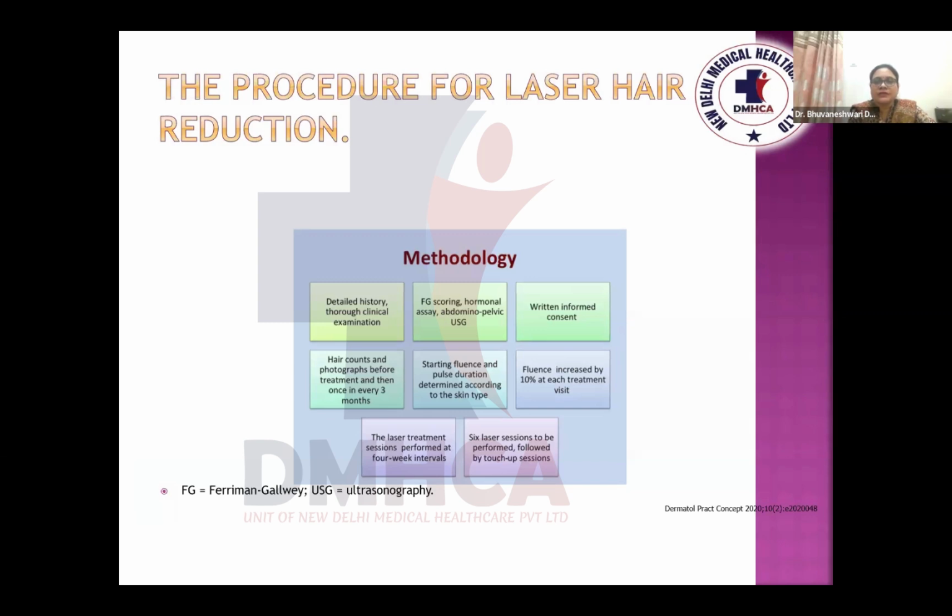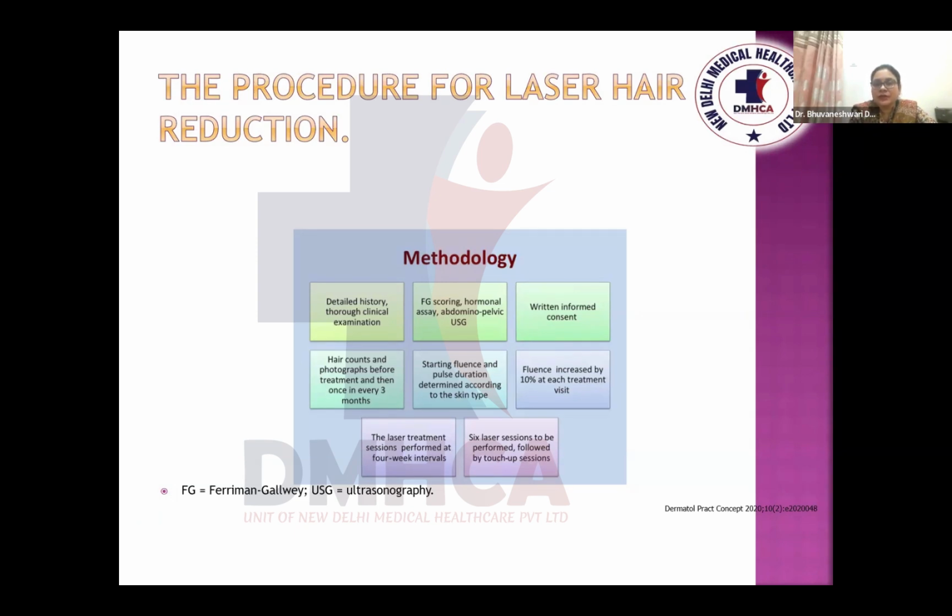The procedure for laser hair reduction, this is the methodology, how we have to proceed. First, we have to take a detailed history and thorough clinical examination. History in the form of age, other hormonal imbalance like thyroid, sugar, prolactin, menstrual irregularities.